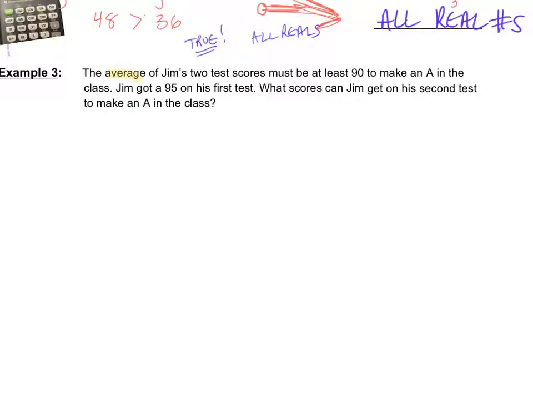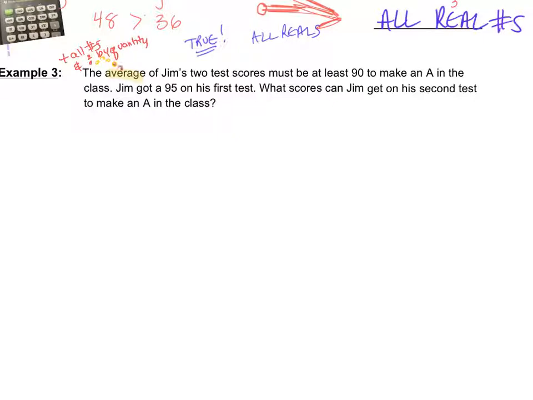Okay, we're talking about average, which is a mathematical thing. And hopefully you recall that the average of something, or the mean, is the same thing as adding up all the numbers and dividing by the quantity of numbers.